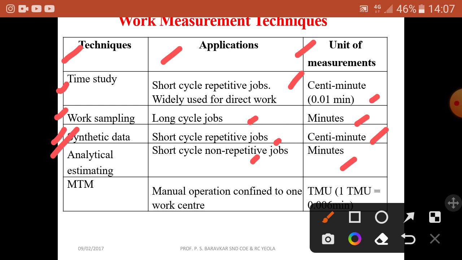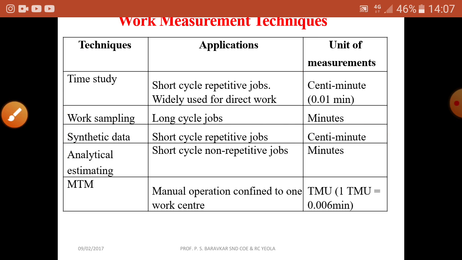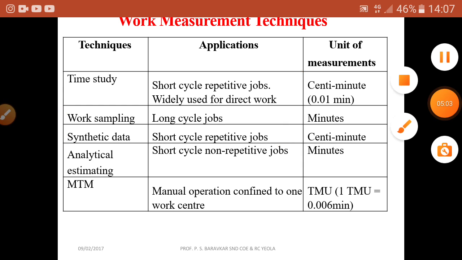Next is MTM, for manual operations confined to one work center, and the unit is TMU. 1 TMU is equal to 0.006 minute. So this table shows techniques of work measurement, applications and units of measurement.